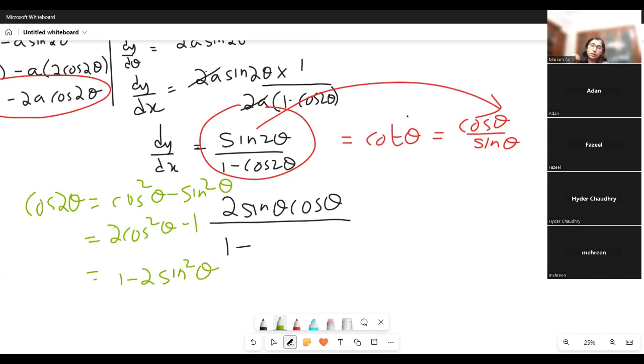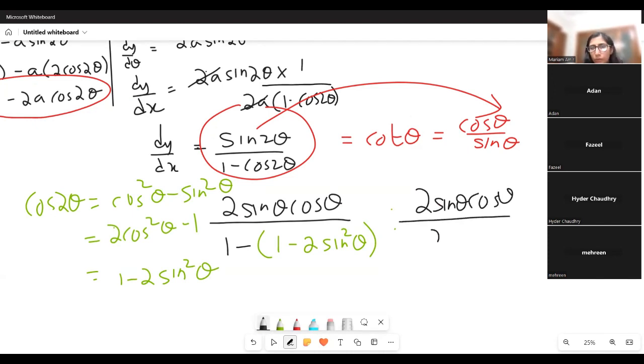So we can use the cos one or the sin one, it doesn't really matter. 1 minus 2 sine square theta. So we're getting 2 sine theta cos theta upon 2 sine square theta.